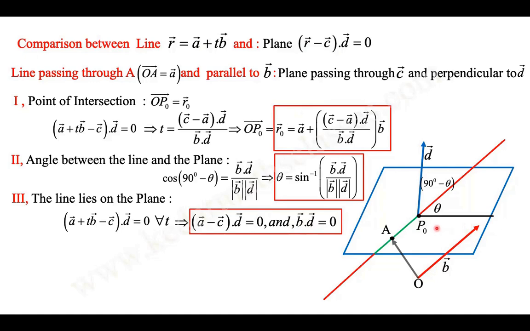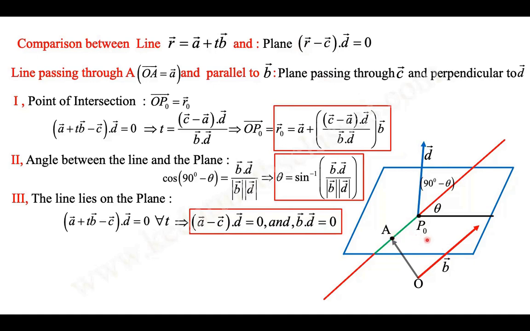Right. That implies that the line is parallel to the plane. And this condition says that A minus C dot D is 0, which means A lies on this plane. Means one of the points on this line, A, lies on this plane.